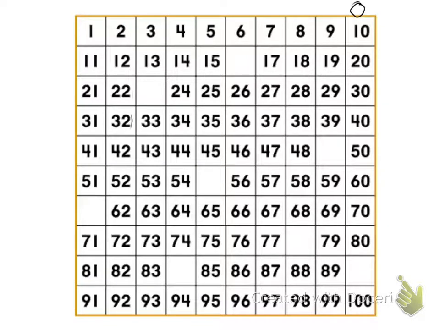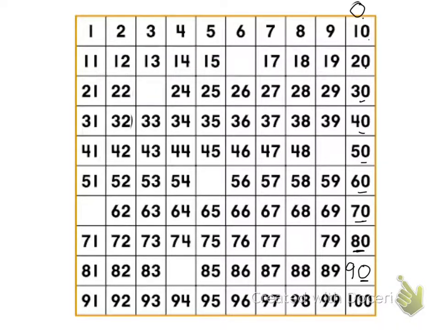So let's start with the zeros column. So we have 0, 10, 20, 30, 40, 50, 60, 70, 80, and then I have a blank. So what should go in this spot? So since 80 was the last number, the next number should be 90, because that's the next two-digit number that ends in 0. And then, of course, 100.